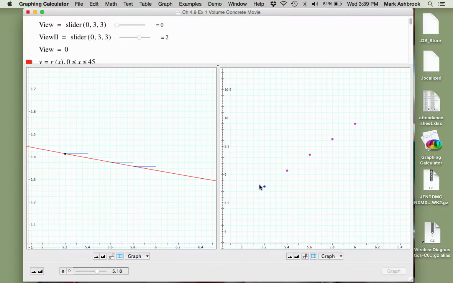So we get an approximate for the total amount poured at 5.4, and then from there, using that amount, we calculate, using the new rate, the approximate amount of concrete at 5.6, and then using the next rate, we calculate the approximate amount of concrete at 5.8, and then finally the last estimate takes us to the estimate at 6.